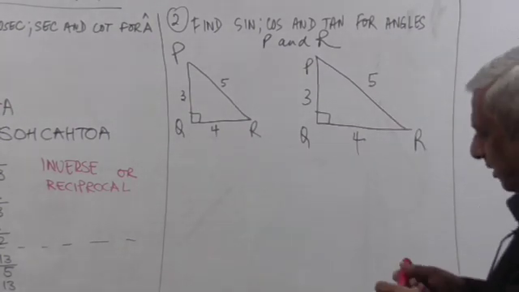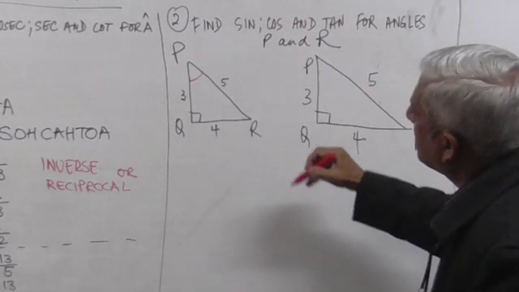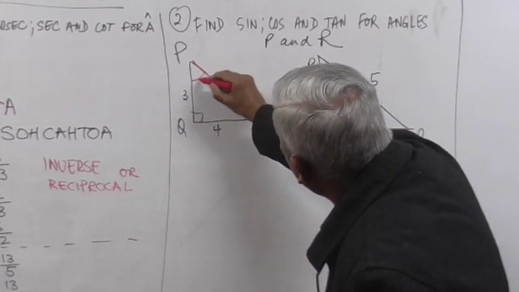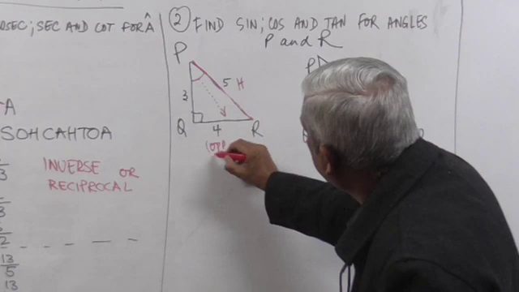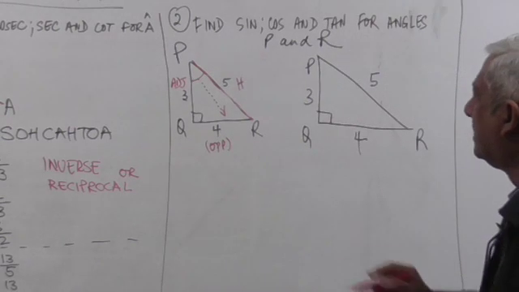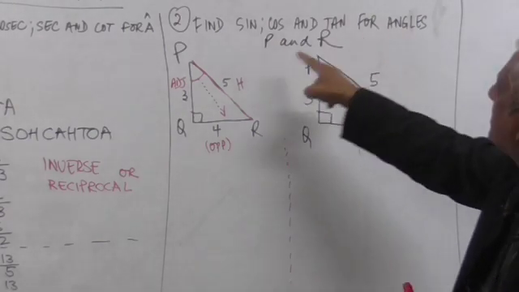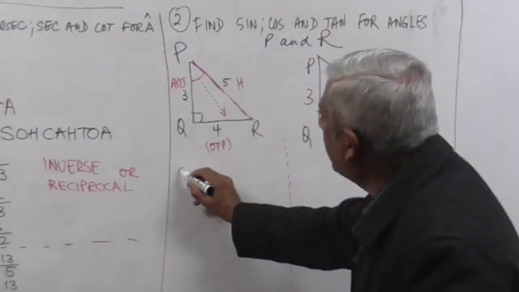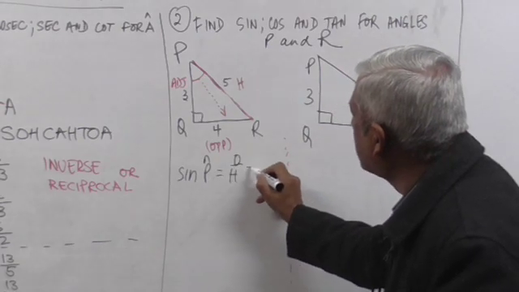So, we'll use the first diagram to work for angle P. Firstly, that's the hypotenuse. And when we look from P, that's the opposite side. And therefore, this is the adjacent side. So we'll use that diagram to answer for P. Sine of angle P is opposite over hypotenuse.